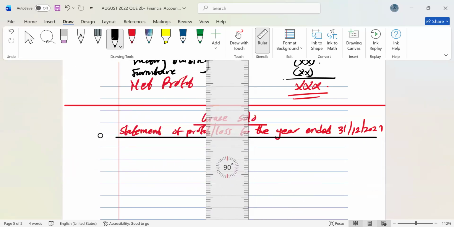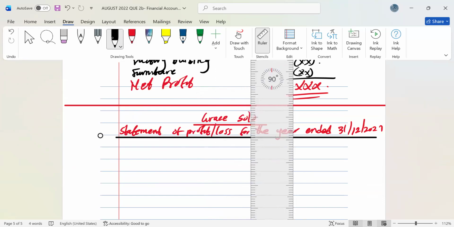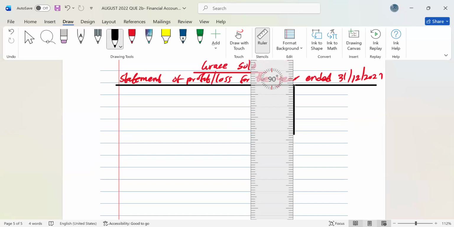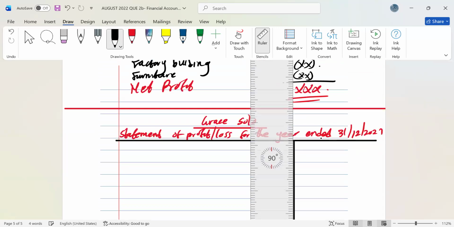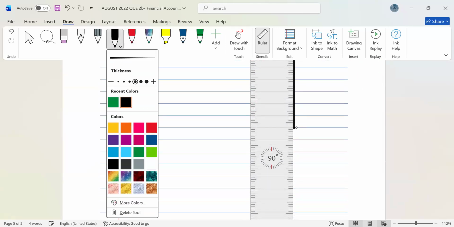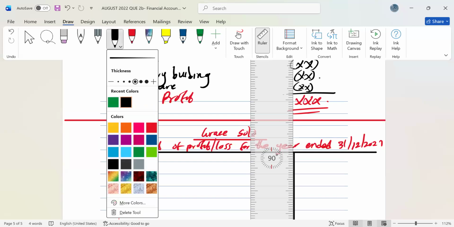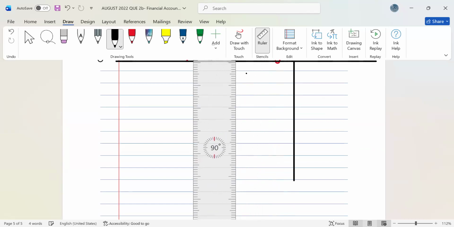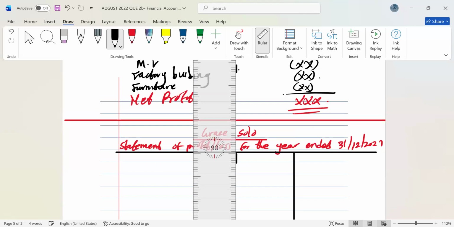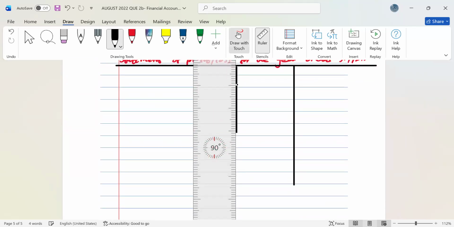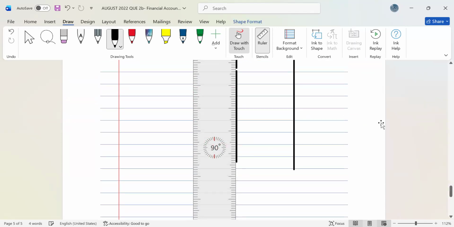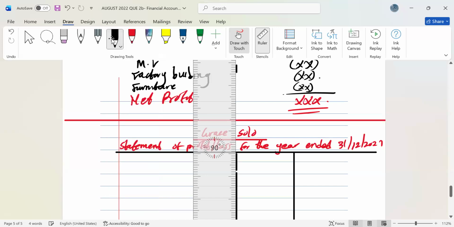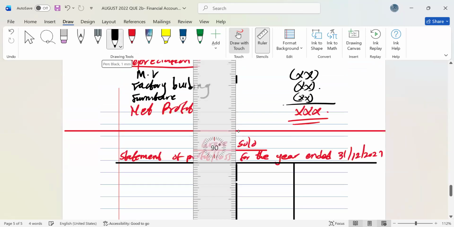Then because I want my work to be a bit neat, I'm simply underlining here.